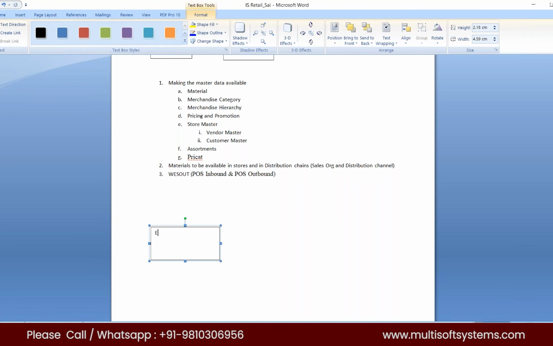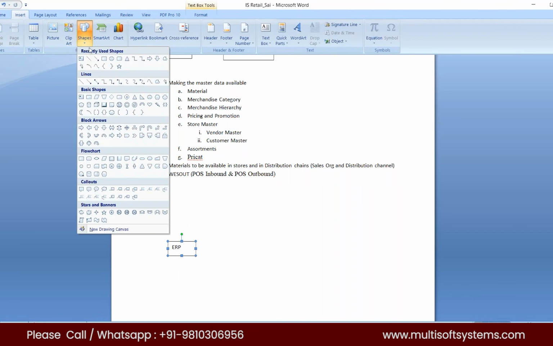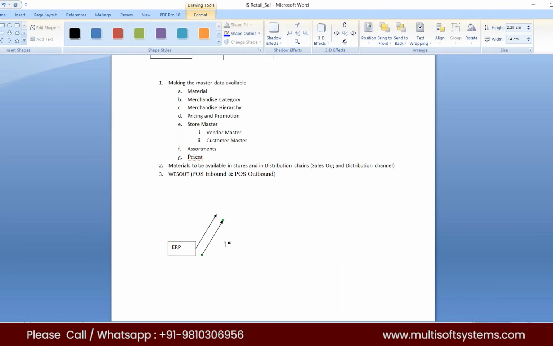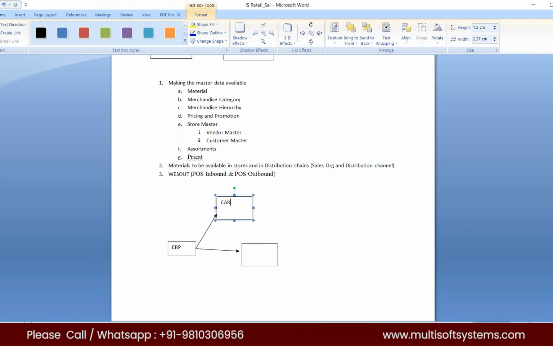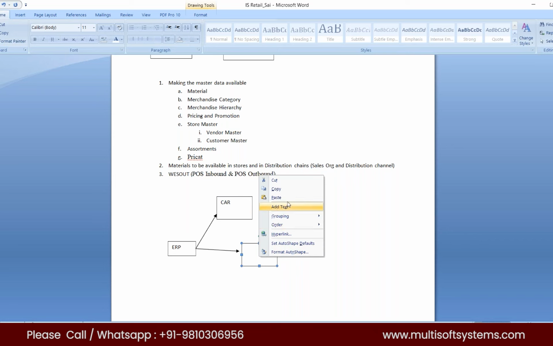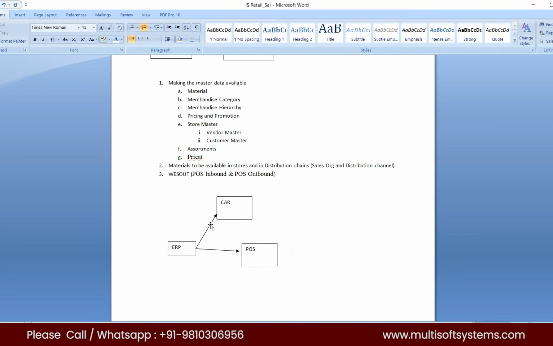Let me quickly show. This is our ERP system. The ERP system is connected to both the CAR system and your POS system. This CAR system is always connected to the POS system. I will also tell about what different information we will be dealing with.